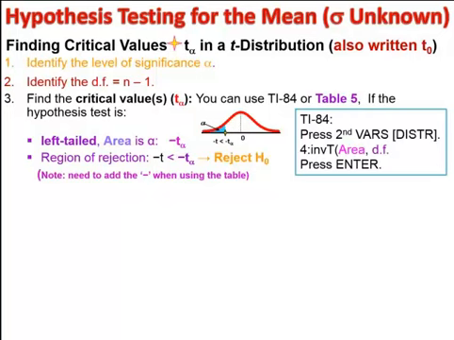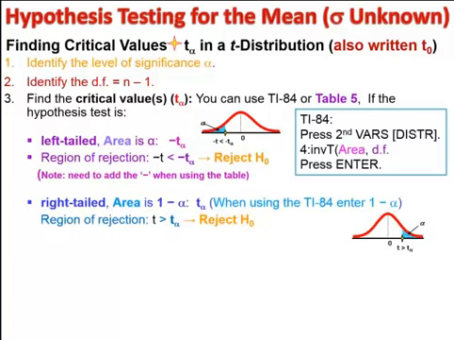If you're going to use the TI-84 calculator, press 2nd, DISTR, the distribution menu, and choose number 4, which is invT. Put in the alpha for the area, then the degrees of freedom, and press enter, and it will give you your critical value.